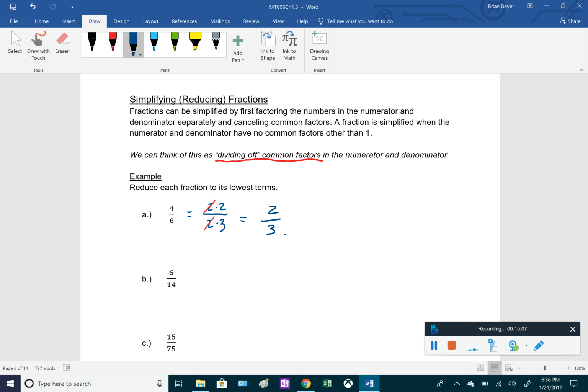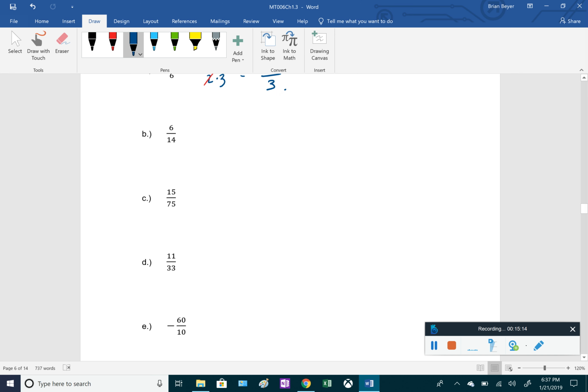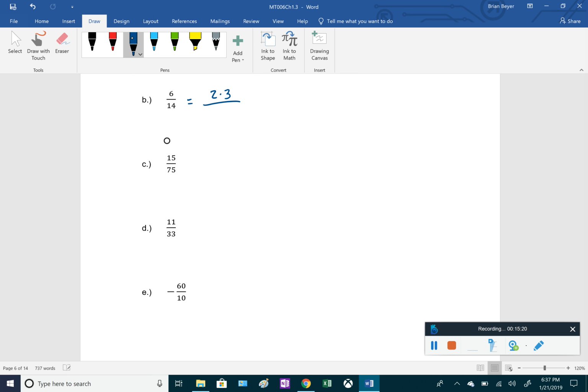So 4 over 6 equals 2 over 3, and now it's simplified. Okay, and for the next one, we have 6 over 14. We can rewrite 6 as 2 times 3 and 14 as 2 times 7. 2 over 2 equals 1, so they cancel, and we're left with 3 over 7. So 6 over 14 simplifies to 3 over 7.